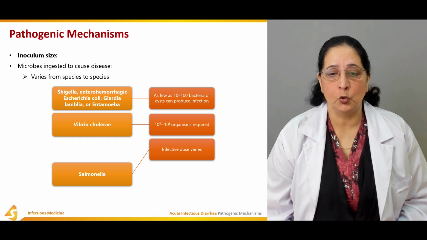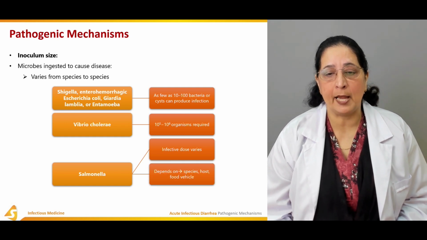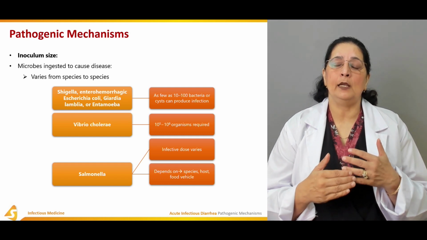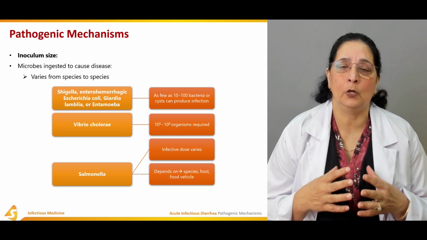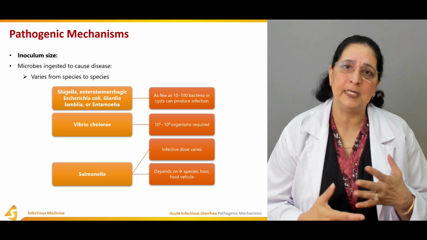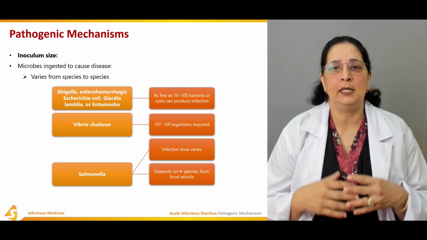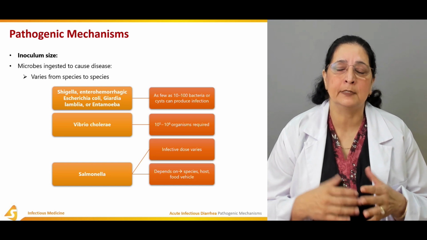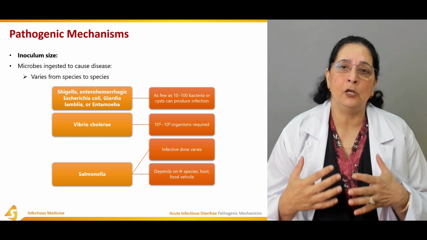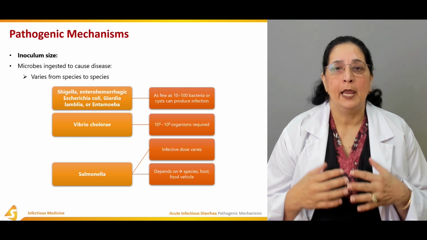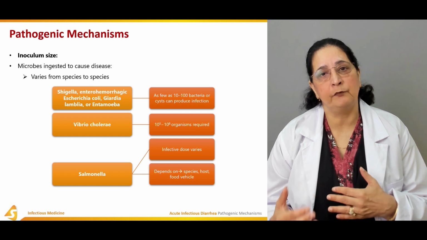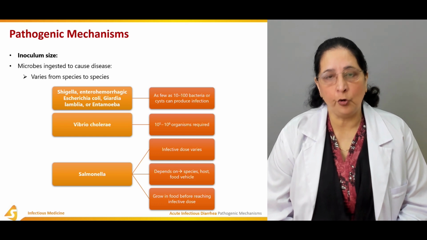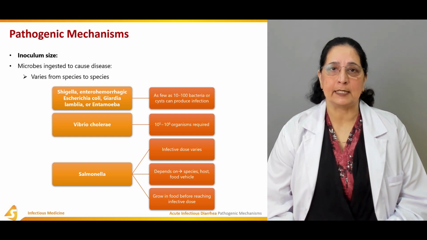Then Salmonella. The infective dose of Salmonella varies depending on species, host, and food vehicle. Usually Salmonella infection is associated with old, refrigerated, contaminated foods and depends on the virulence of the causative organism, the immunity of the host, and also the type of food utilized, the food vehicle. It grows in food before reaching the infective dose.